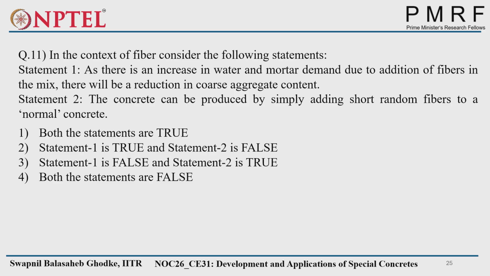So next question is, in the context of fibers, consider the following statements. Statement 1: as there is an increase in water and mortar demand due to addition of fibers in the mix, there will be a reduction in coarse aggregate content. Statement 2: the concrete can be produced by simply adding short random fibers to a normal concrete.